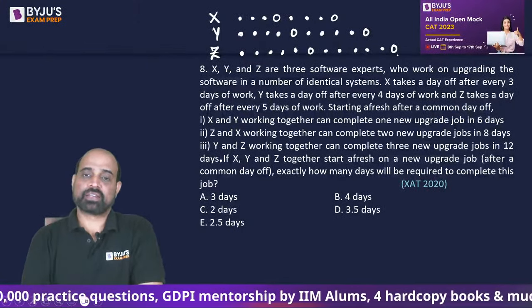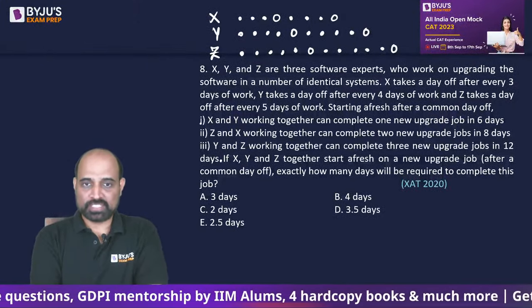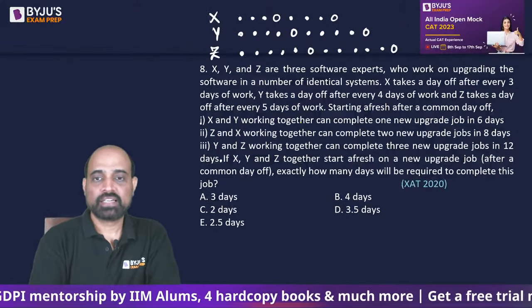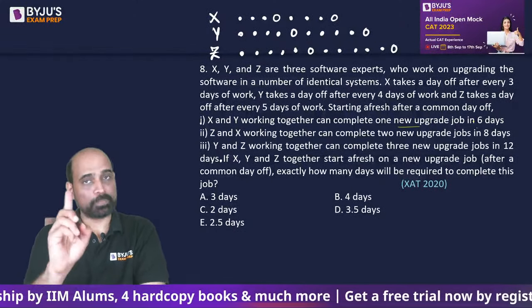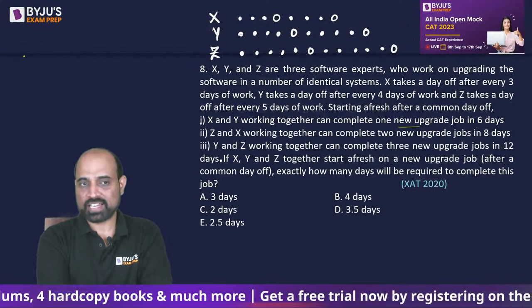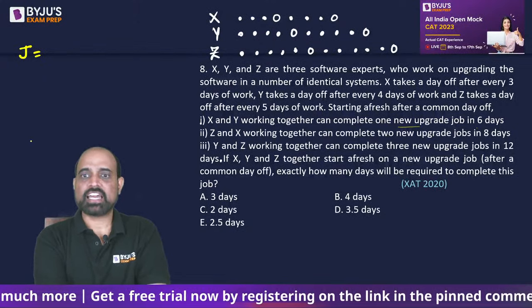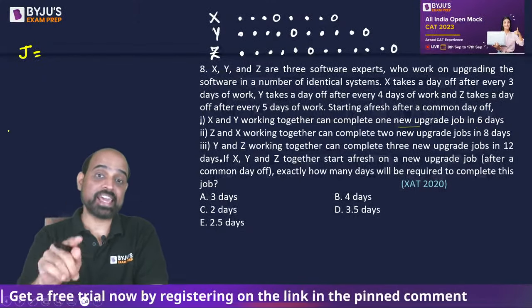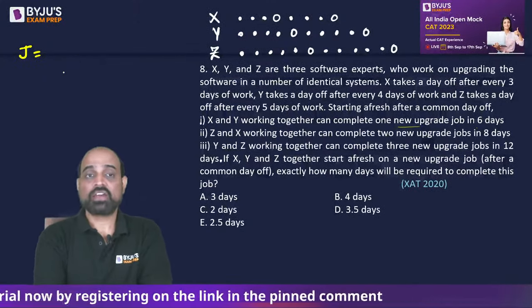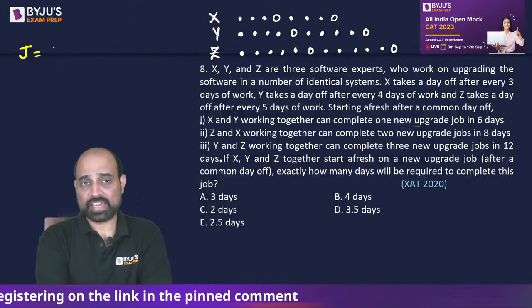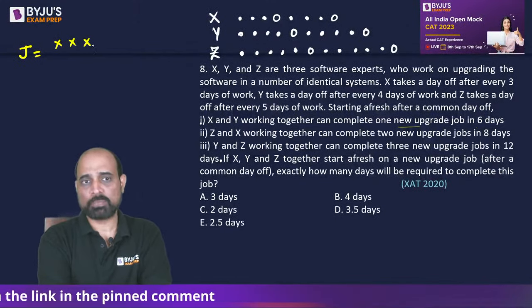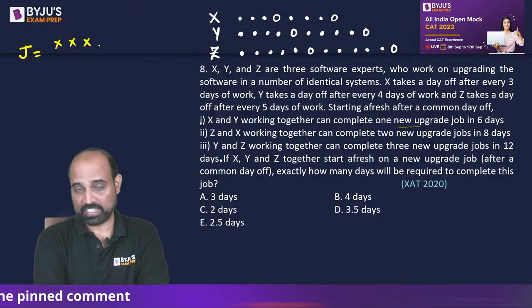Okay. The first statement tells us that one upgrade job, let's write J, whatever that is, can be completed in 6 days when X and Y are working. Now, if I talk about 6 days of X, can we say X is going to be present for the first 3 days?